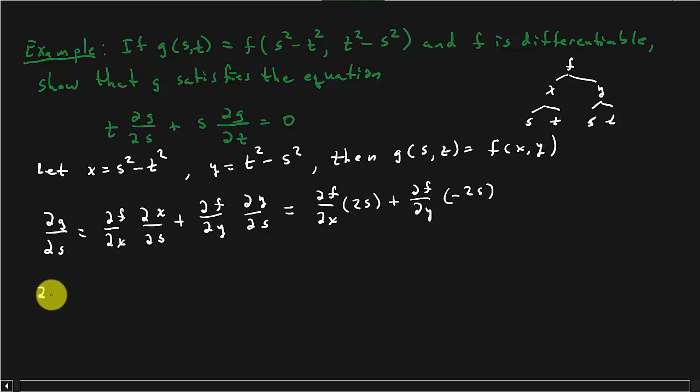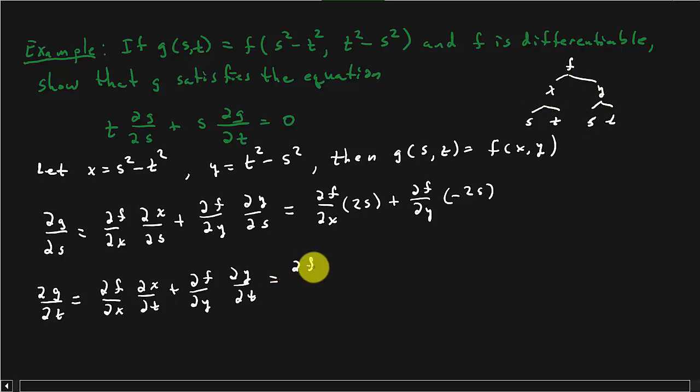And then we need the partial of g with respect to t. So we come over here, that's going to be the partial of f with respect to x times the partial of x with respect to t, plus the partial of f with respect to y times the partial of y with respect to t. I'm just following that tree diagram.